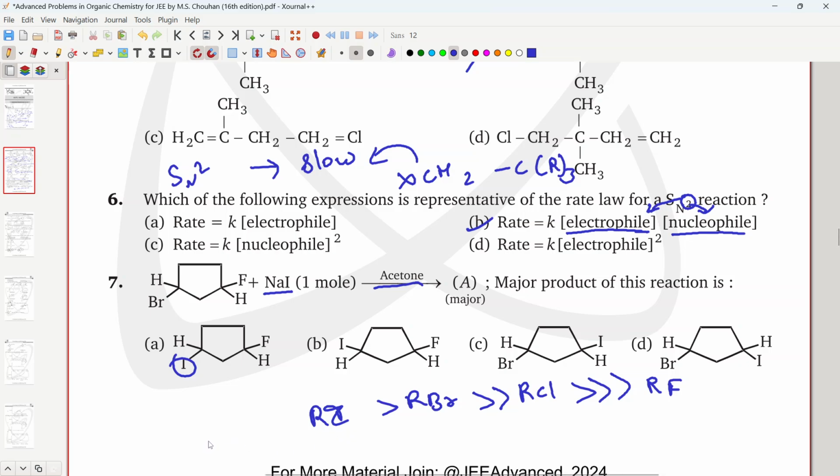Once again, stereochemistry. SN2 causes inversion, meaning the answer will be something like this.